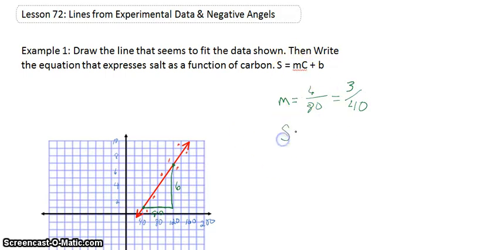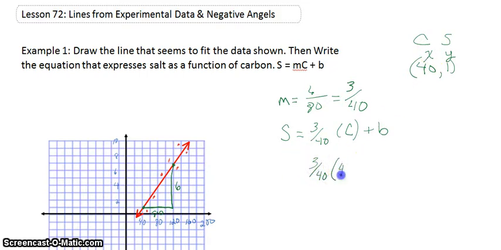So I have now S equals 3 over 40 C plus B. Now I pick out a point, and I'll just use this 41 and put that in for, instead of X and Y now it is C and S in this. So I put in 3 equals 3 over 40 times 40 plus B equals 1.